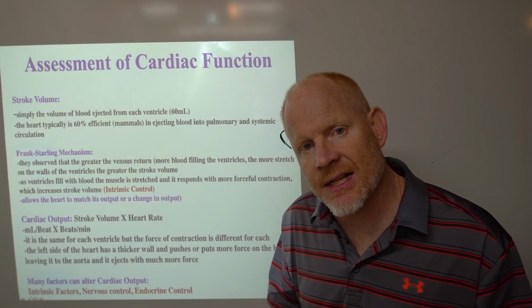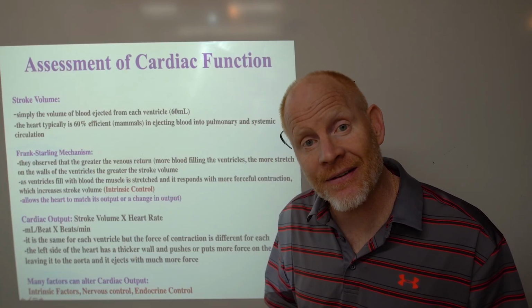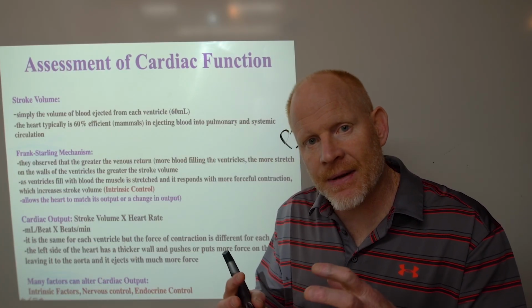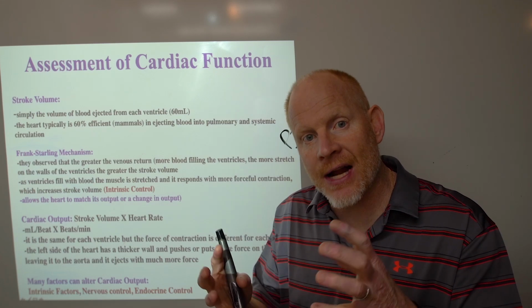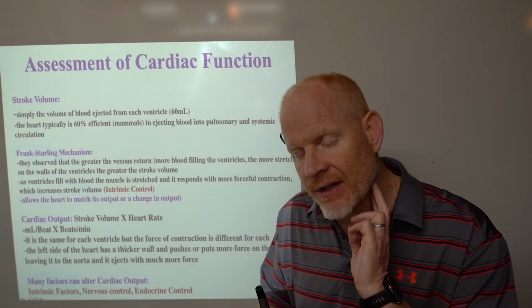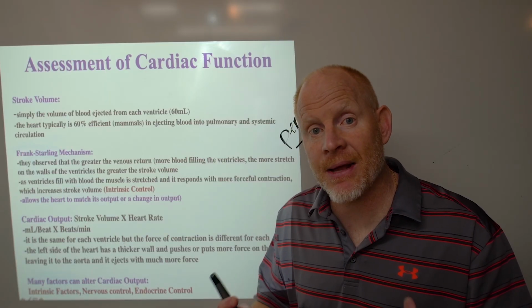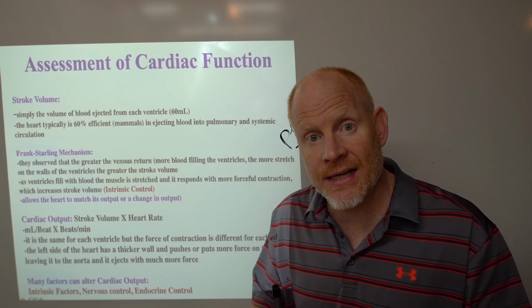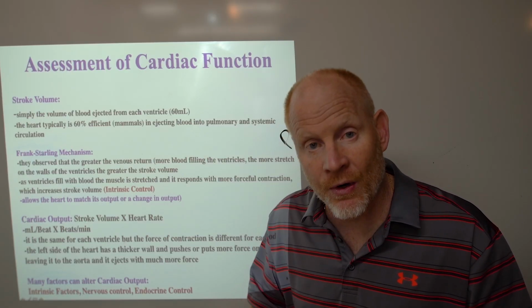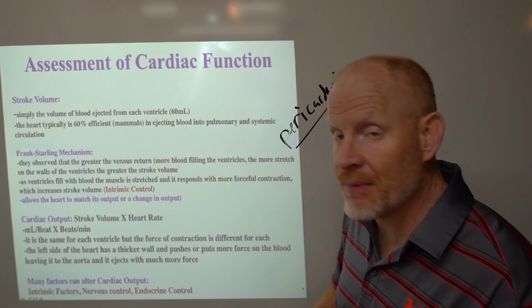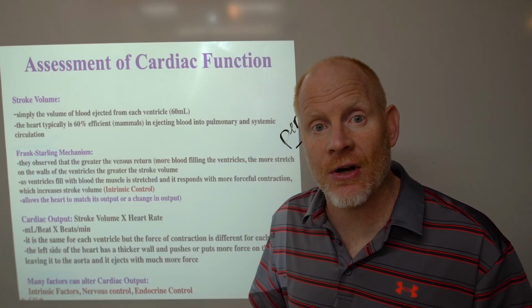When you're sitting listening to this lecture and you're kind of tired, right? Your heart is basically not contracting as hard. You can even listen to it or feel it, and the force of contraction is less, because the amount of blood being returned to the ventricles is less because your body's not working. Now, if you get up and start moving around, your legs start contracting.